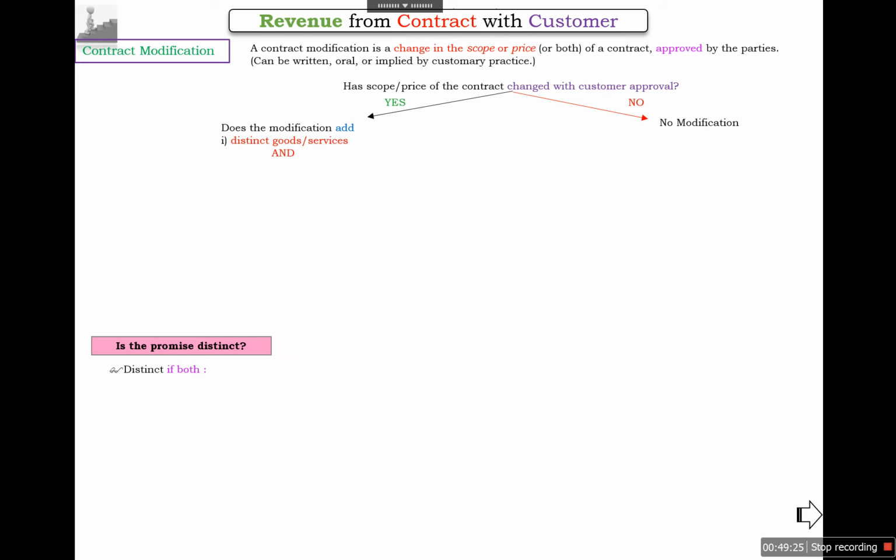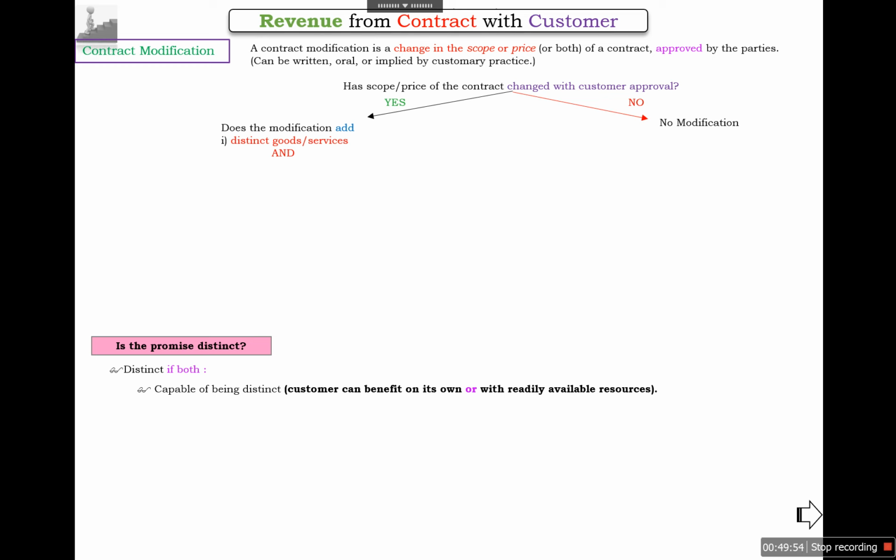So what are distinct goods and services? It is distinct if these goods are capable of being distinct and the customer can benefit from them on their own or with readily available resources. For example, there is a contract for supplying 1000 laptops, and there is a modification in the contract and the customer says supply 10 more laptops.